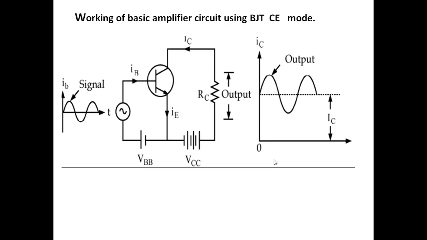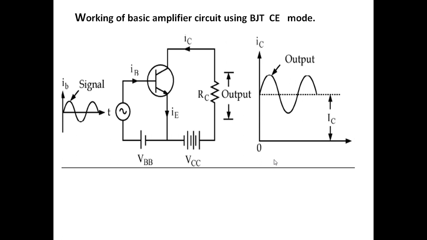Based on these values for different configurations, we will come to know which one is better. In this unit, we are going to discuss a small signal amplifier circuit by using the H parameter model.